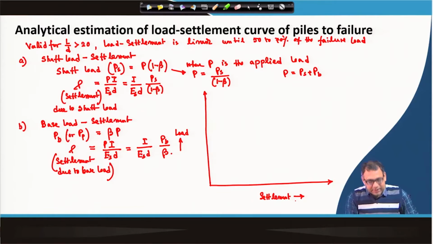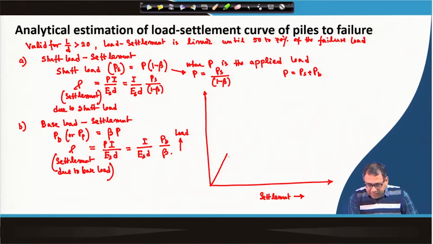So, I can write that, as these equations are developed considering a linear stress-strain relationship, in terms of shaft load this is the load versus settlement curve for shaft resistance.